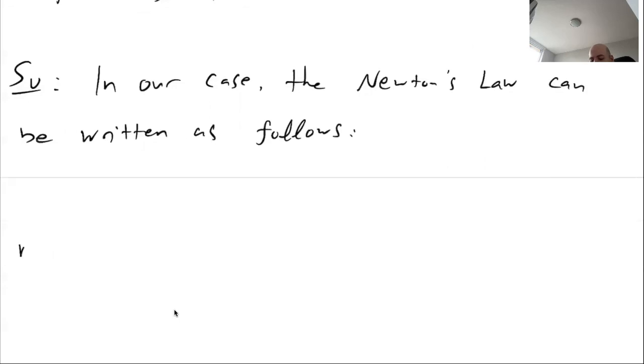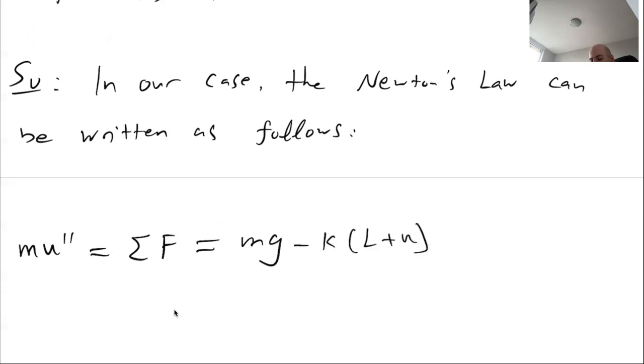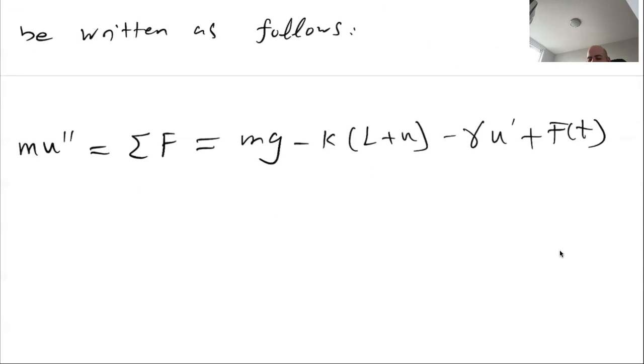So ma, which is m u double prime, equals the total forces, sigma F. So we have mg downward, minus k times L plus u upward, and then minus gamma u prime upward, and then plus F of t, which could be any external force. So this is our F1, gravitational force, F2, spring force, F3, damping force, F4, external force. So ma should be the addition of all these forces.